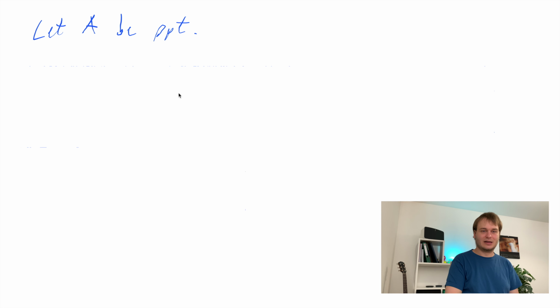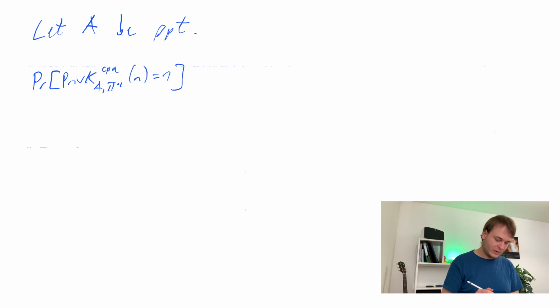So we can just analyze it like this. So what is the probability that this PPT adversary A is able to break our encryption scheme pi prime prime? To be more precise, what's the probability that adversary A wins in the CPA game against pi prime prime?